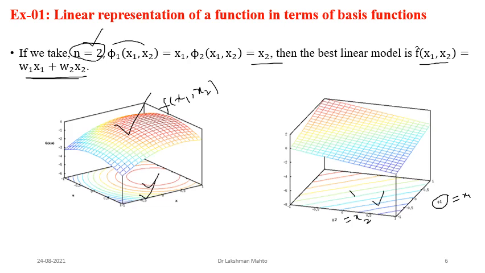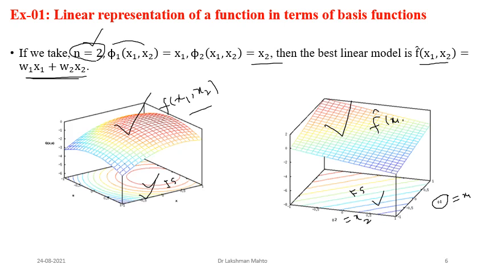In short, I am writing fs for feature space and is for input space. In the feature space you can see that we are getting a linear approximation of this function. This is the linear approximation of f, so we denote it by f cap.